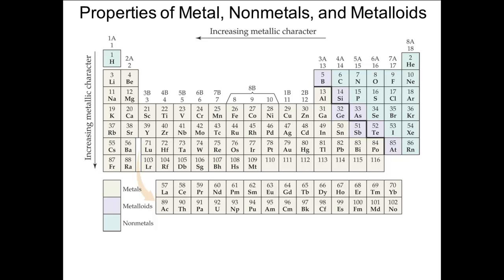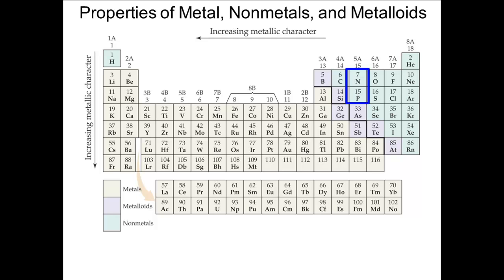There are two other properties that are worth mentioning. Both are related to the periodic properties we have looked at already. The first is the metallic character of elements. In any row, the elements on the left are metals. The elements on the right are nonmetals, and the elements in between are metalloids.